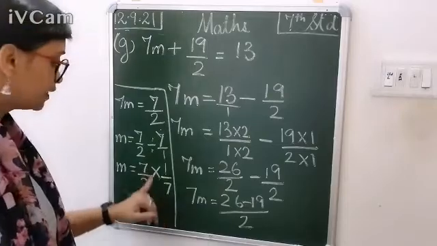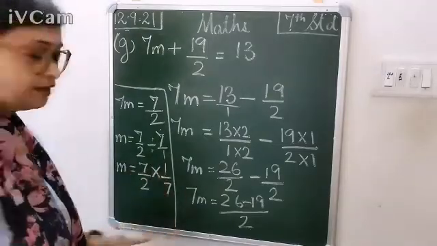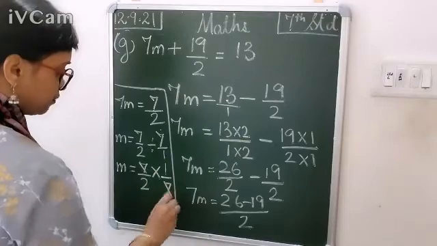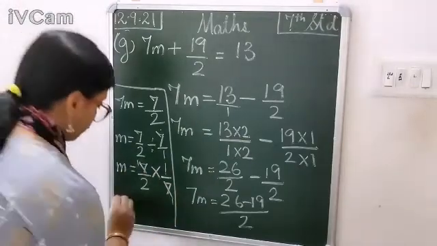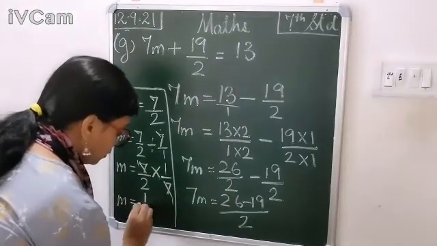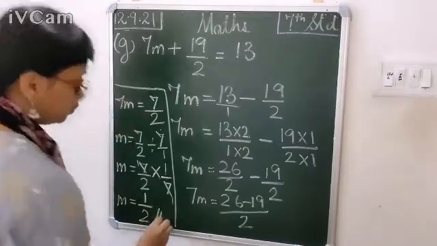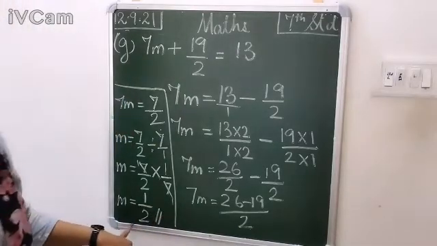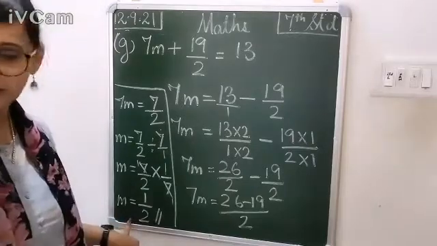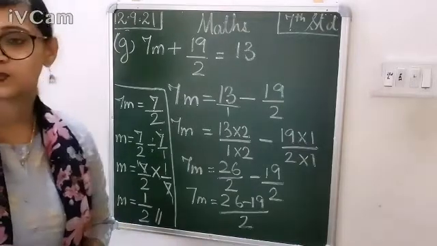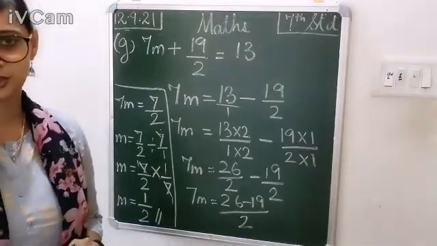That is why when you reciprocate it, it becomes 1 by 7. Now, when you simplify 7 ones are 7, 7 ones are 7. So the value of m is equal to 1 by 2. So this is your answer. Answer for the 7th sum is m is equal to 1 by 2.